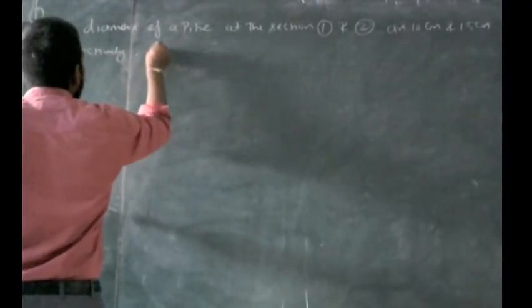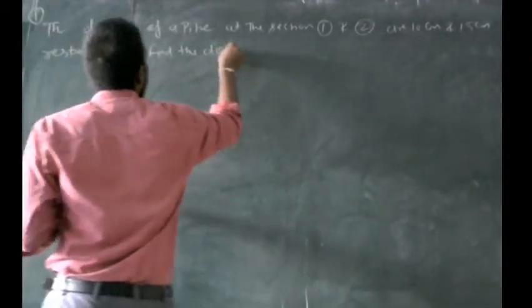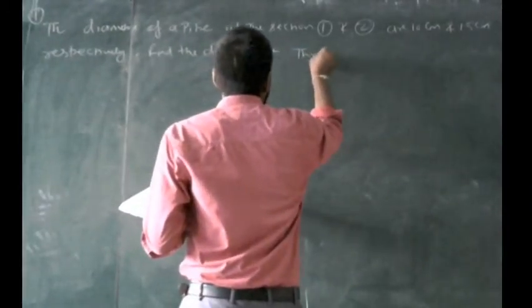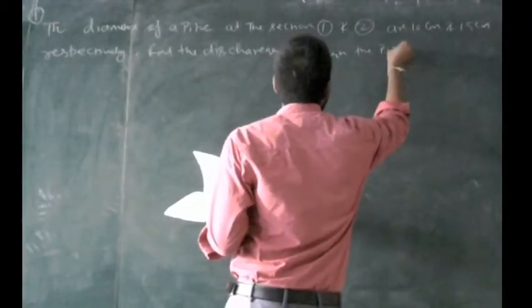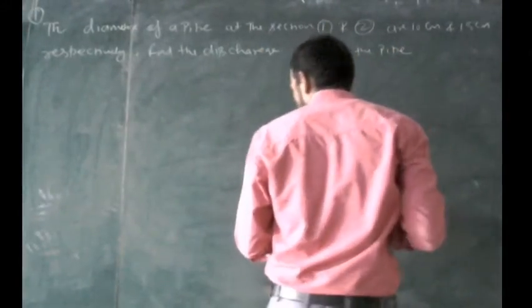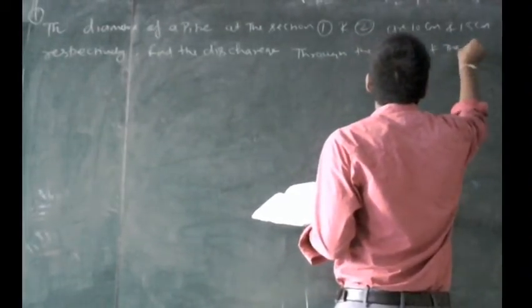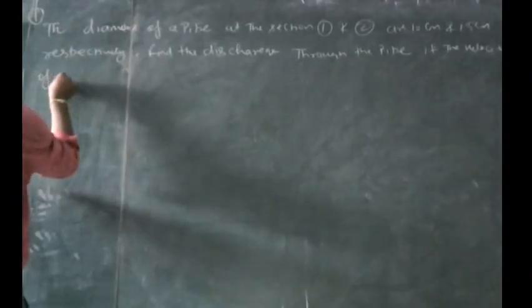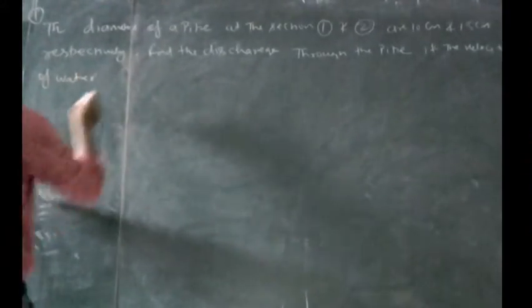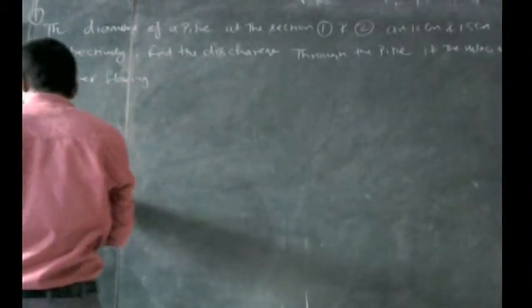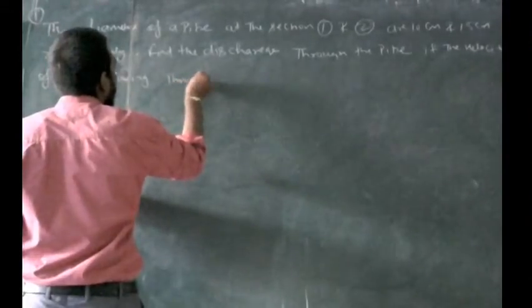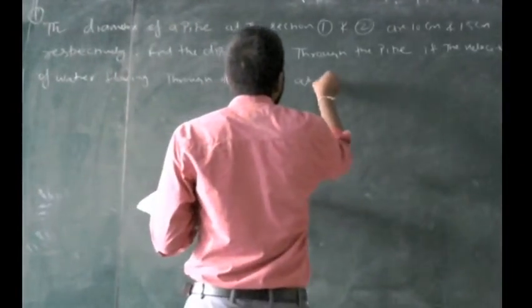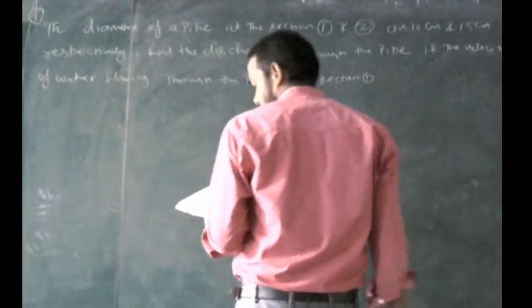Find the discharge through the pipe if the velocity of water flowing through the pipe at section 1 is 5 meter per second.